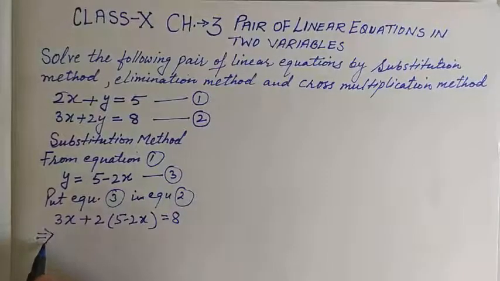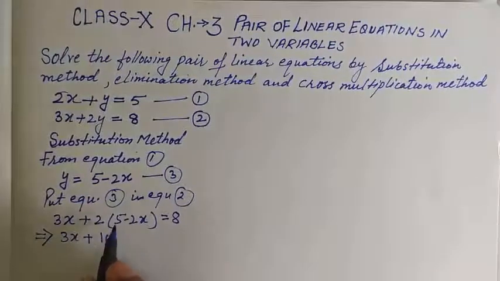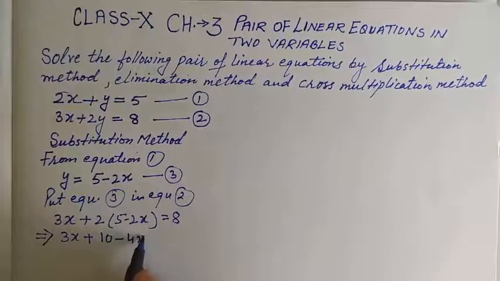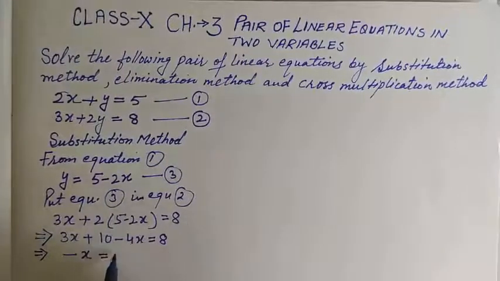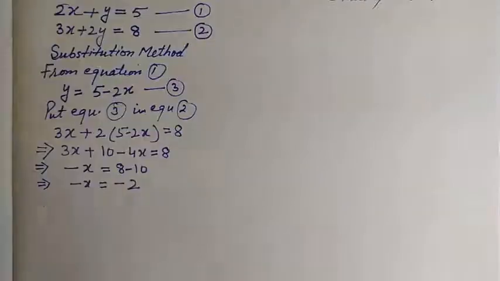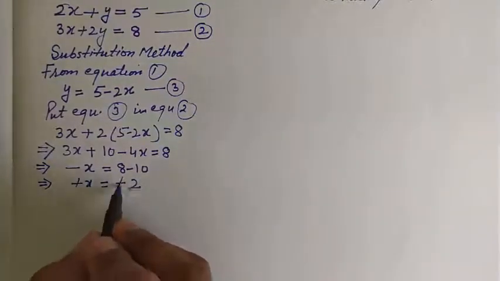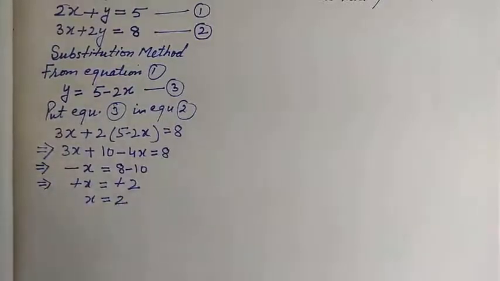So that implies 3x plus 5 2s are 10, and 2 into minus 2x, that is minus 4x, is equal to 8. So it becomes here now 3x minus 4x, that is minus x, and take this 10 to right hand side, it becomes 8 minus 10. So here minus x is equal to minus 2. So minus minus will be cancelled, it becomes x is equal to 2. So value of x is 2 here.